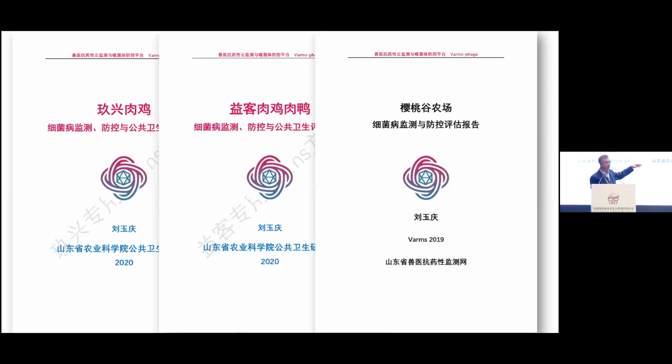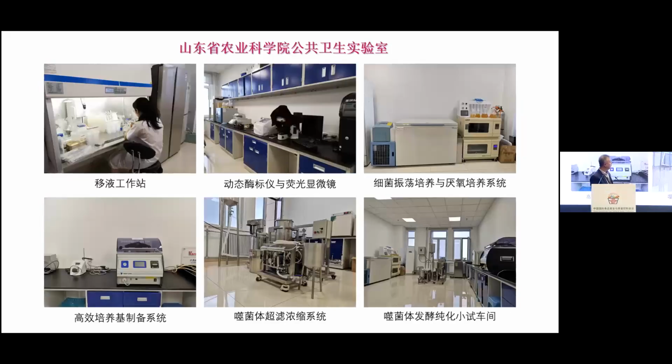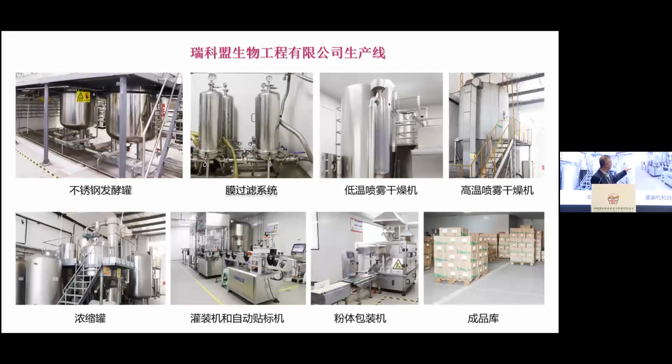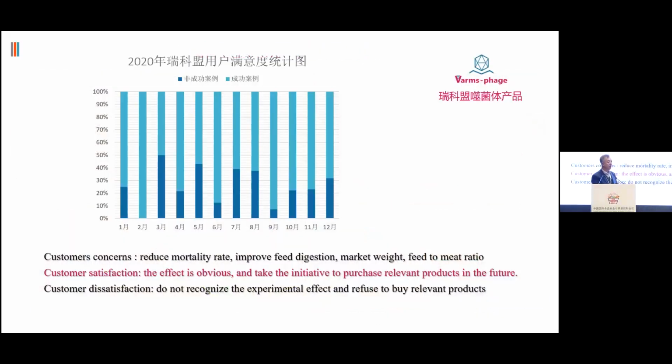And we can also carry out a comprehensive assessment and issue related reports. And this is the epidemiological surveillance laboratory. And we have the phage pilot lab and the phage GMP production line.